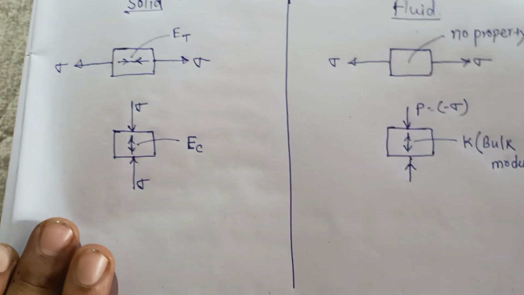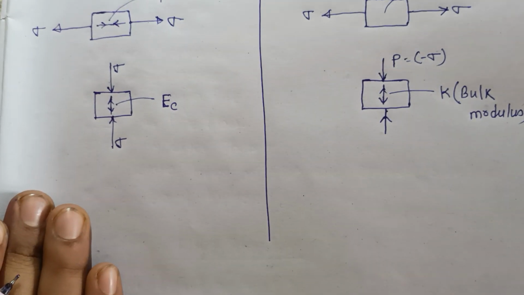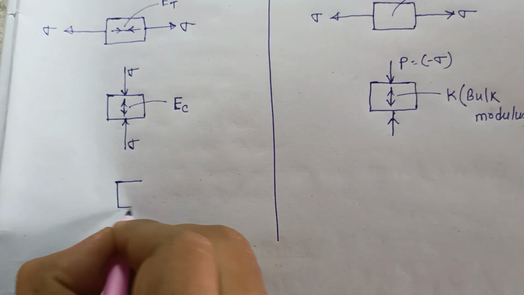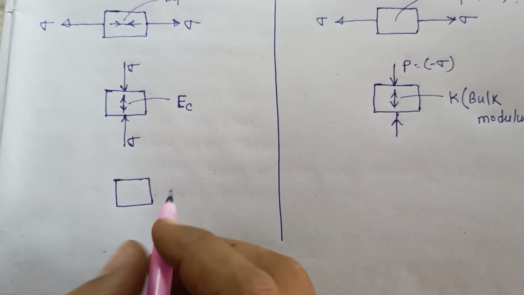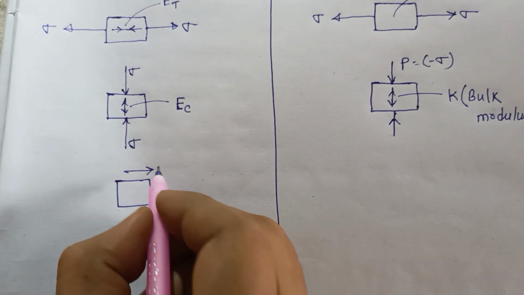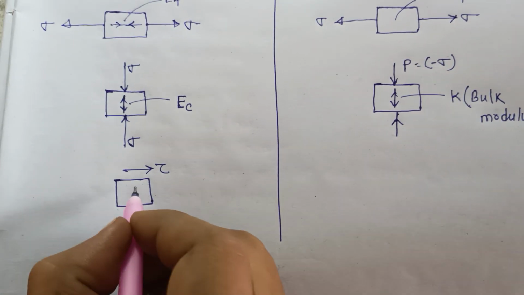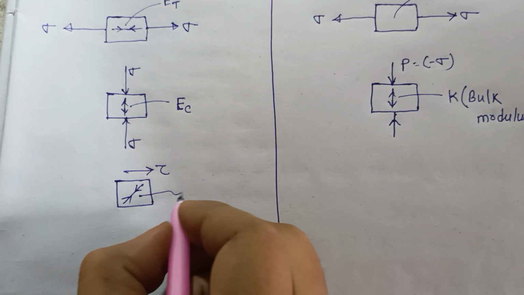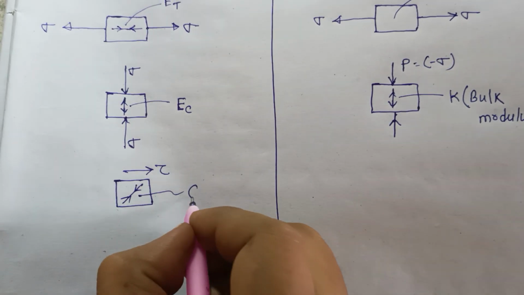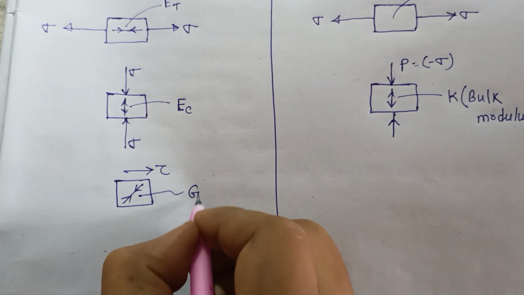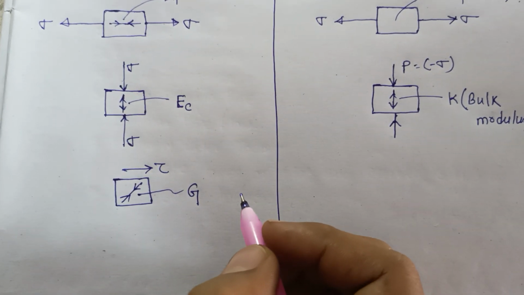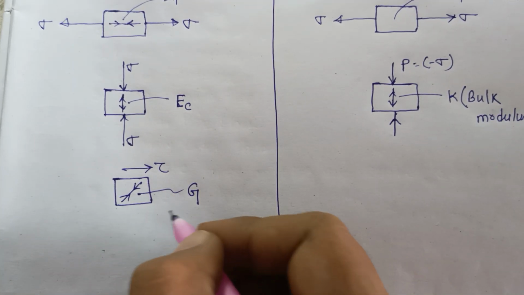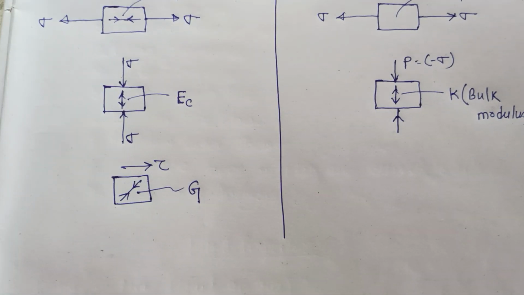Next, for another solid element, if you apply shear stress, there will be an opposing property. G comes into the picture. And what is G? G is the modulus of rigidity.